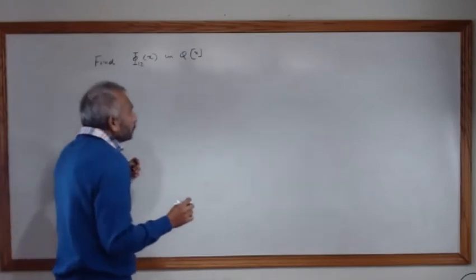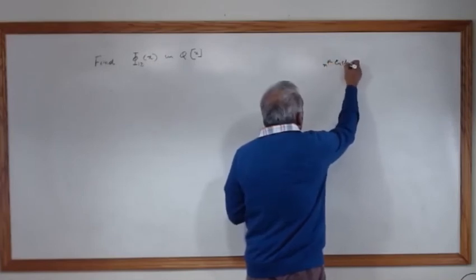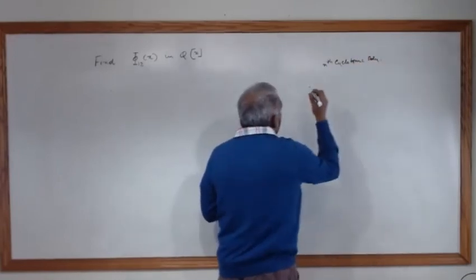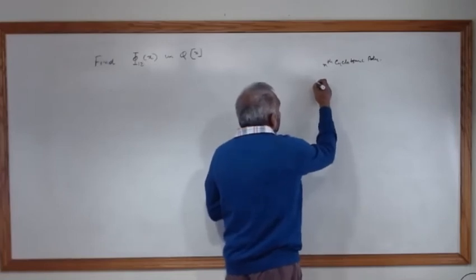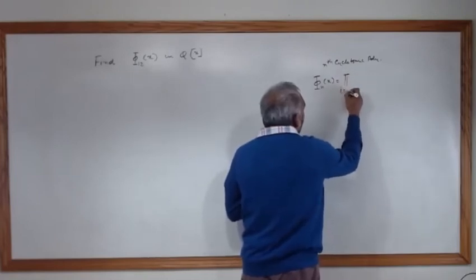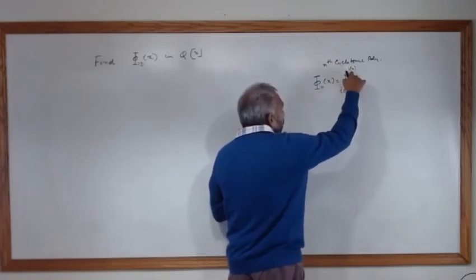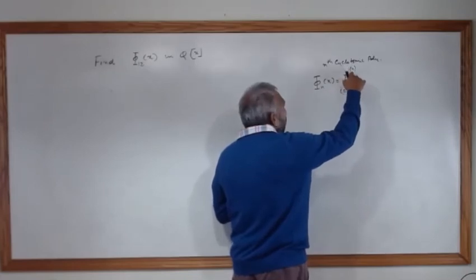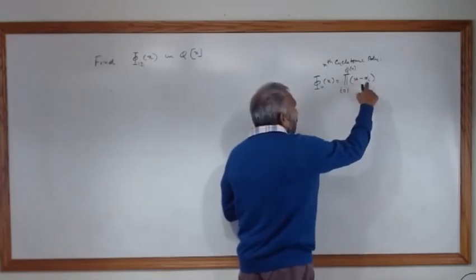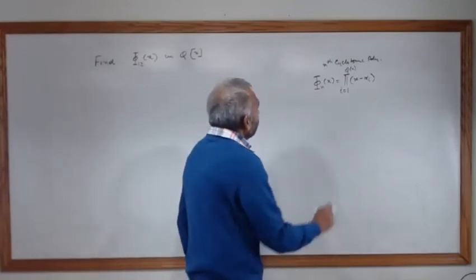So the nth cyclotomic polynomial is defined like this: phi n of x is equal to the product from i equals 1 to Euler function of n, that is the number of integers less than n and prime to n, of x minus alpha i, where the alpha i's are the primitive nth roots of unity.